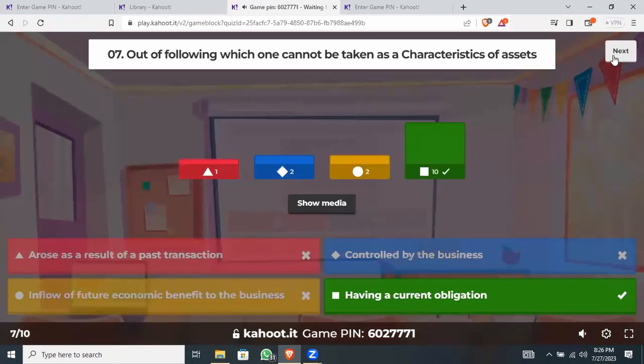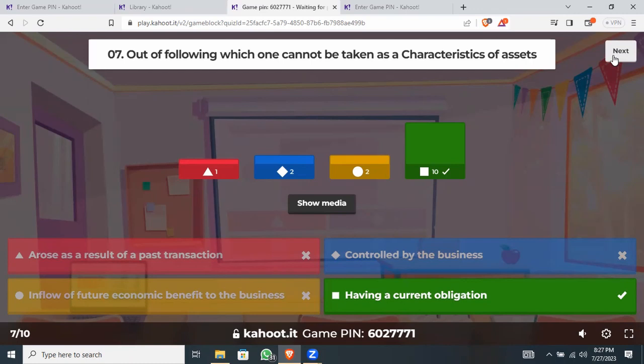I got 10 correct answers. The answer should be having a current obligation. The first one, arose as a result of a past transaction, we can take as a characteristic of assets. Also assets can be controlled by the business, and there's an inflow of future economic benefits to the business due to assets.